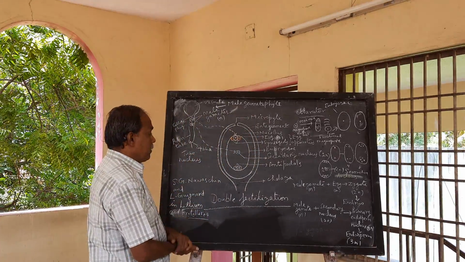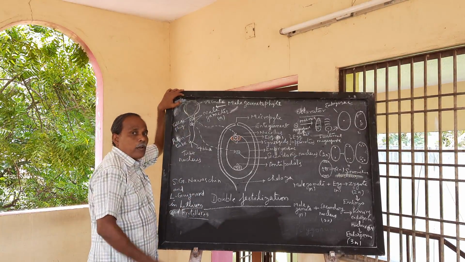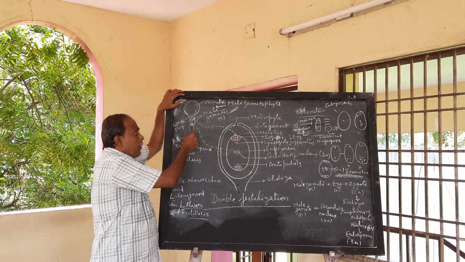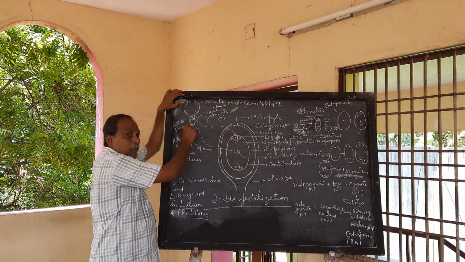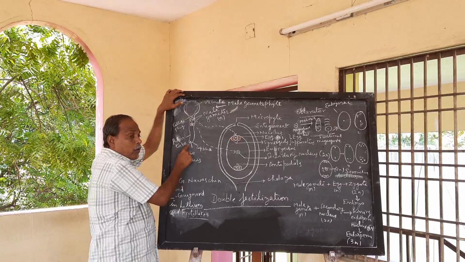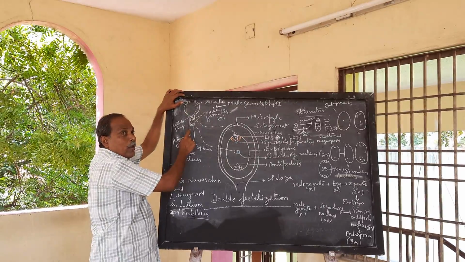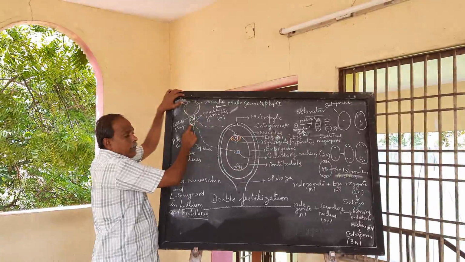Now, double fertilization. Male gametophyte: the pollen grain germinates, and at the time of germination, a pollen tube is formed. Then the growth of the pollen tube is controlled by the tube nucleus. Each pollen grain produces 2 male gametes.